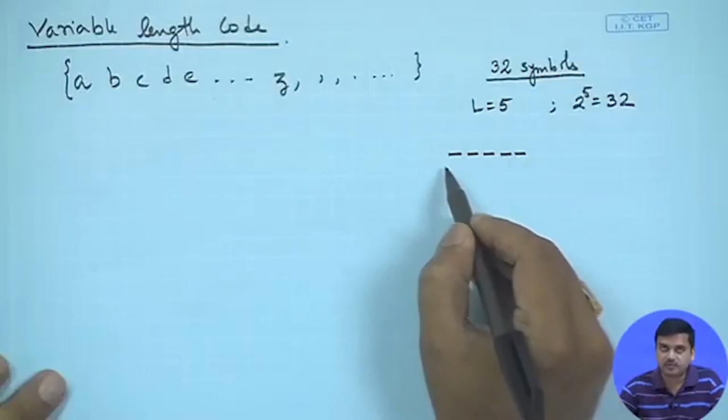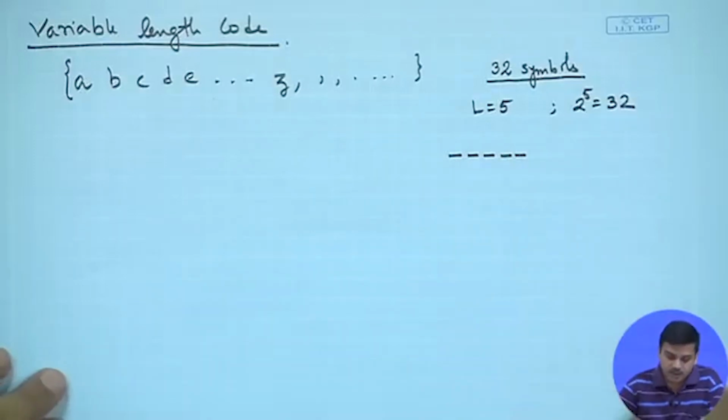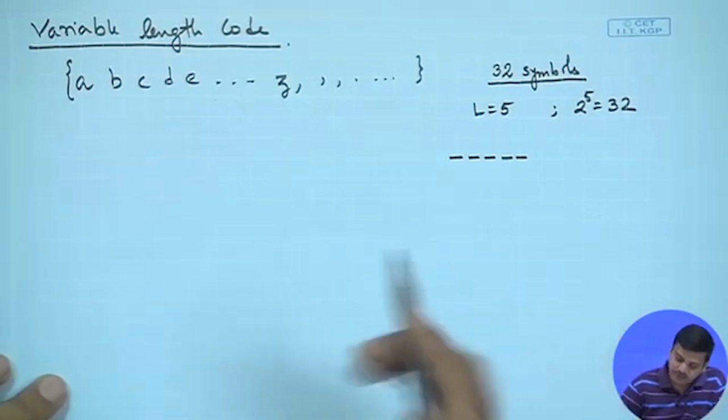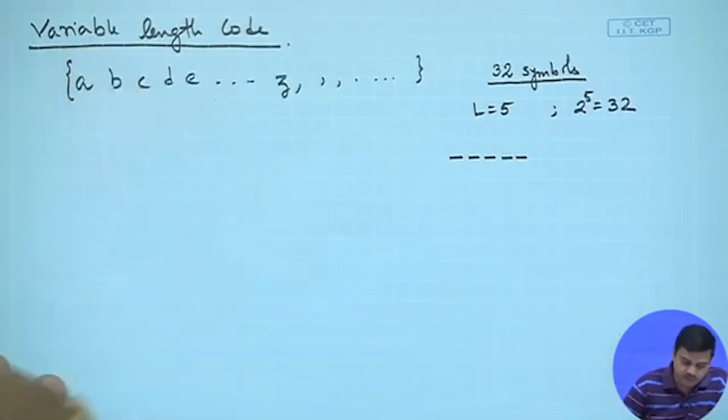However, these symbols do not come out with equal probability. So, more often I am going to get E and less often I will get Z. That gives us a hint that if we assign fewer bits to E and more bits to Z, then on average the number of bits going out of the source per source symbol might be less than if we had used fixed length coding. So, with that motivation we get into variable length code.